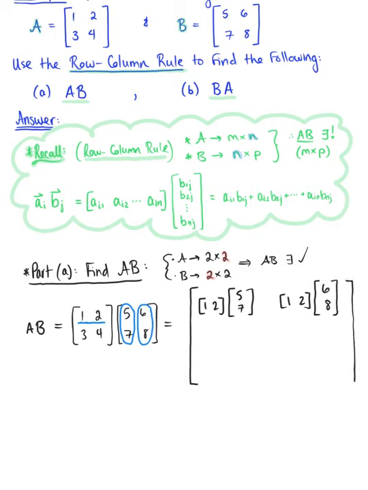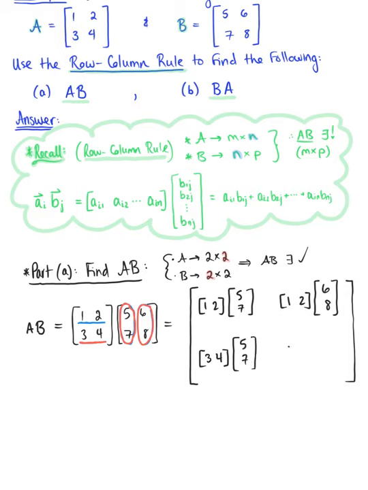Now, we want to go ahead and do the same thing with the second row of matrix A. We are taking the second row of matrix A and multiplying it by the first column of matrix B, and then again taking the second row of matrix A and multiplying it by the second column of matrix B. So putting this into play, we have the second row of matrix A, 3, 4, multiplied by the first column of matrix B, 5, 7.